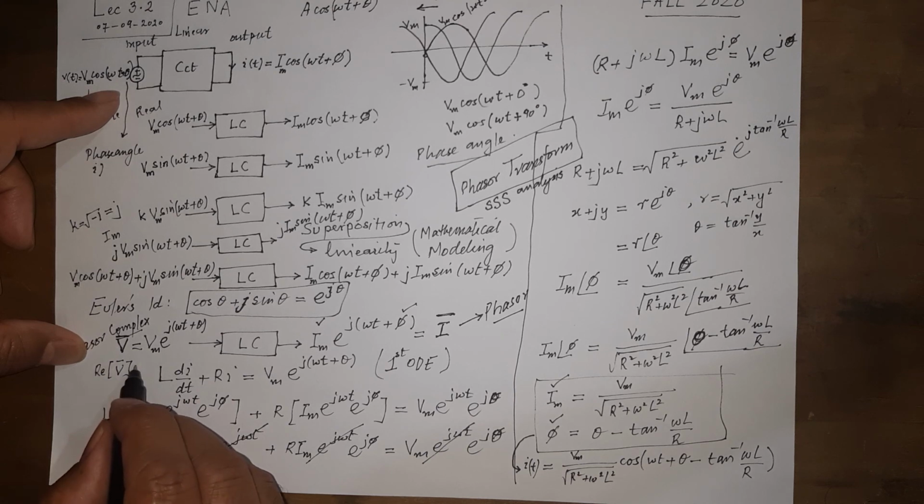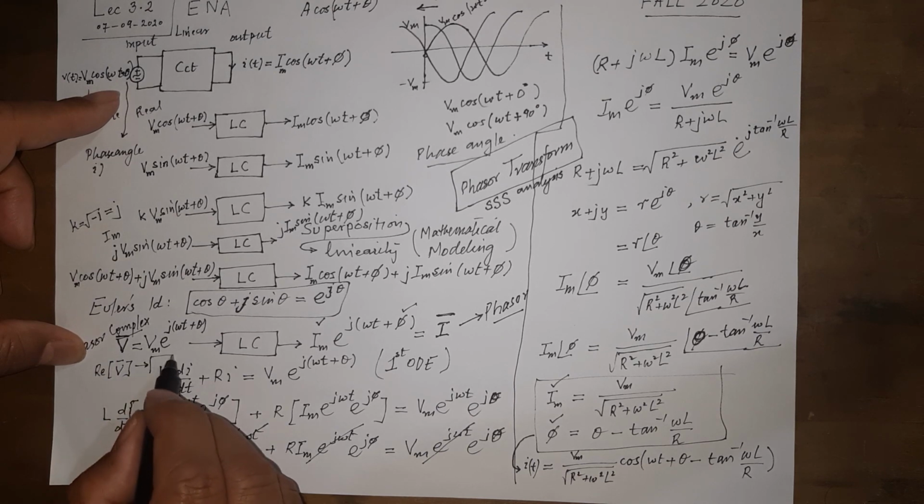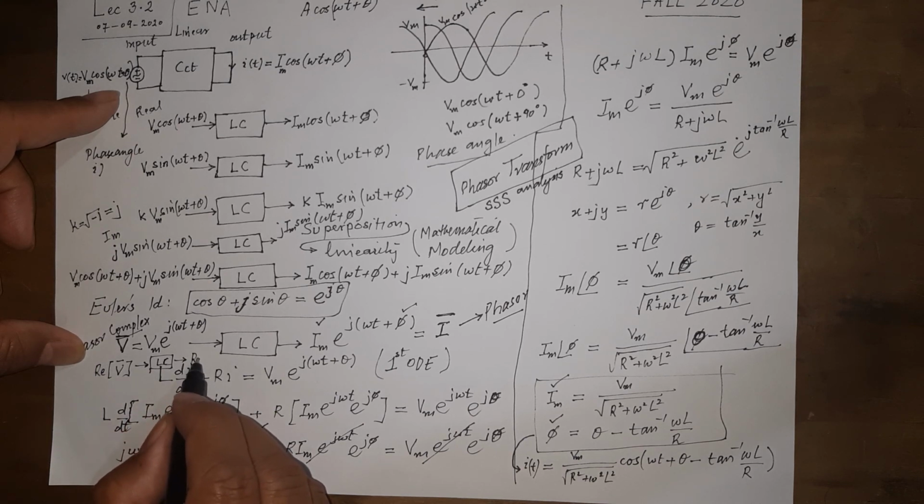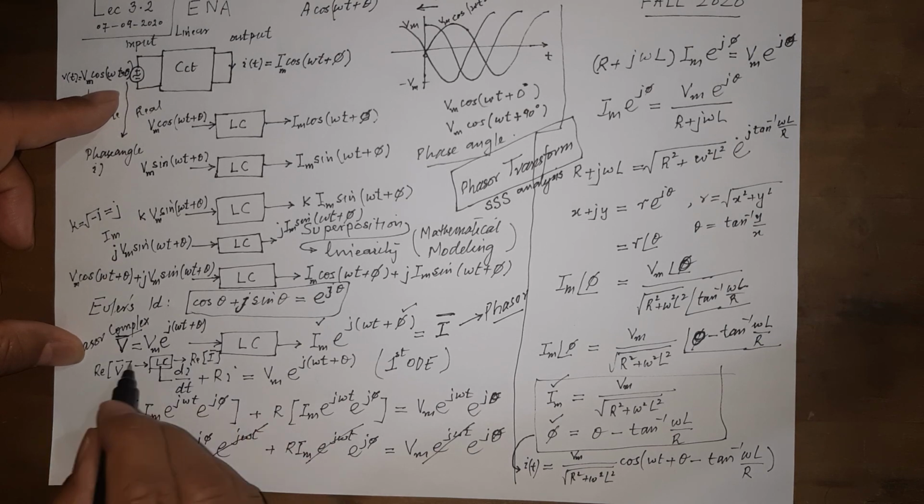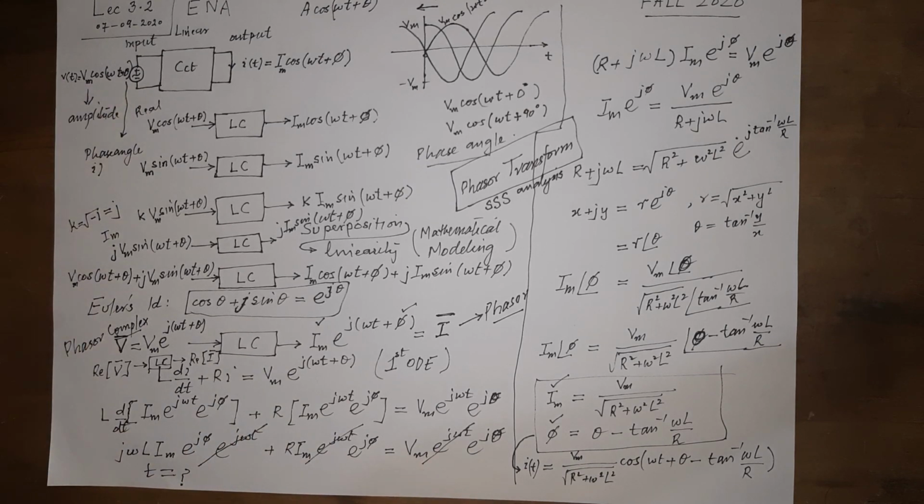The real part of the phasor, when applied to this circuit, is going to result in a real part of this phasor at the output. This is what is happening. So I hope you have appreciated how mathematics helps us devise mechanisms that simplify things. And this is the beauty of mathematics and modeling.